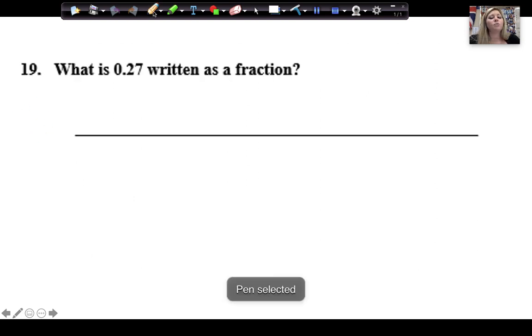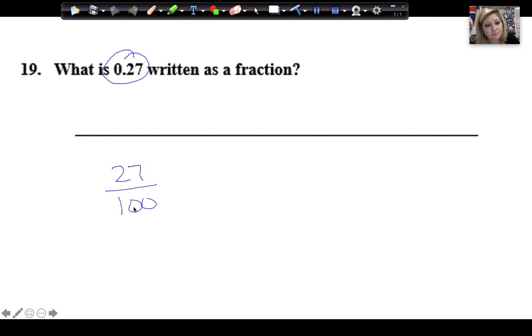What is 0.27 written as a fraction? Another way to read this number instead of just 0.27 is actually 27 hundredths. When we write it as a fraction, we write it just as we read it. Whatever place value this number is in, the last number, that is what number it goes over. So if it's in the hundredths place, we put it over 100.